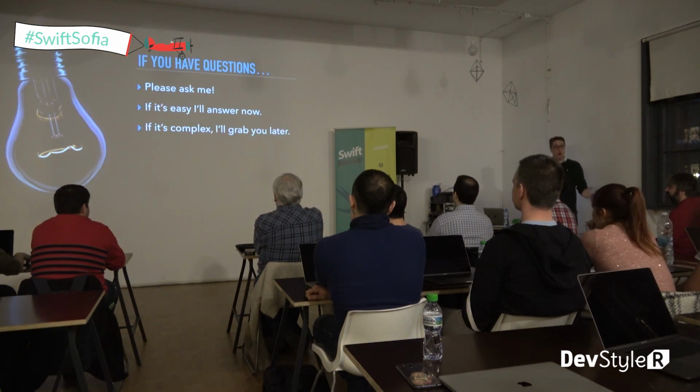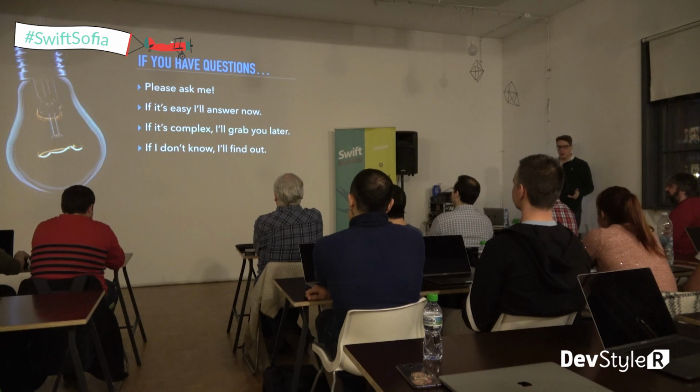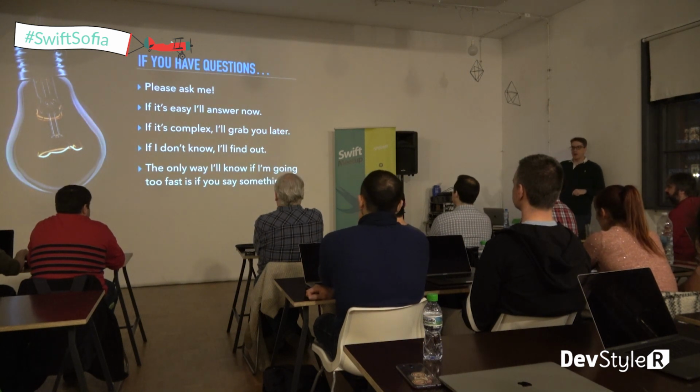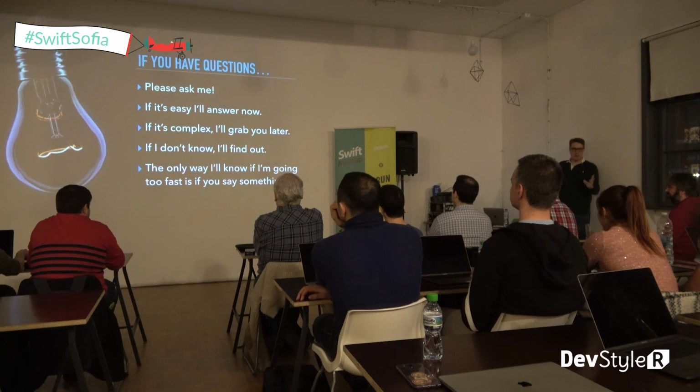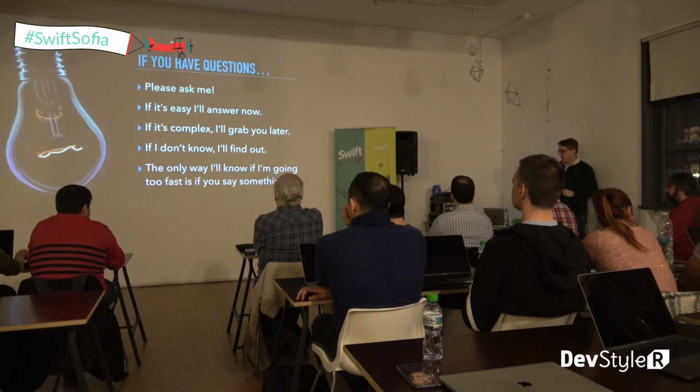If it's complex, we can talk later. I'm here till like 4 AM tomorrow morning, so use me while I'm here. If I don't know, I will go away and find out. And there are many things I don't know, and I'm very comfortable saying that. But the only way I will know if I'm going too fast, or you're not understanding something, is if you say something. So please stop me and ask questions.